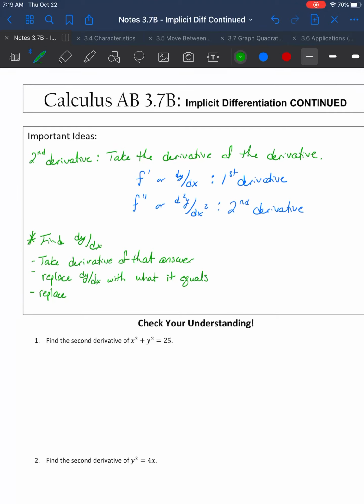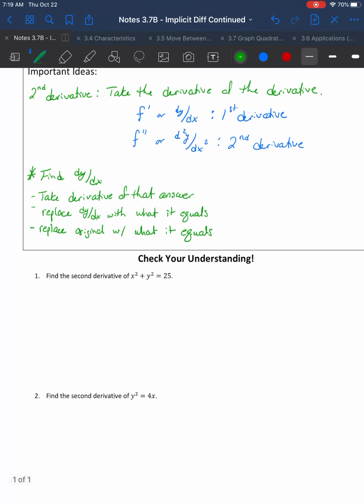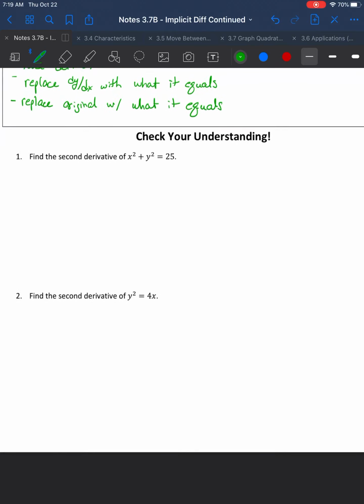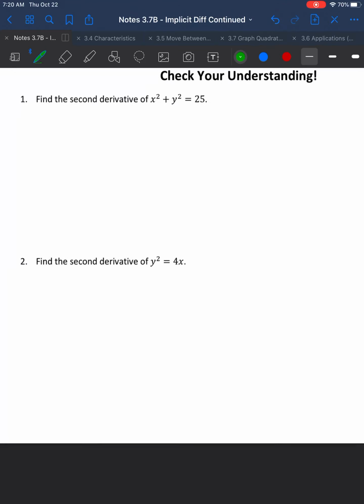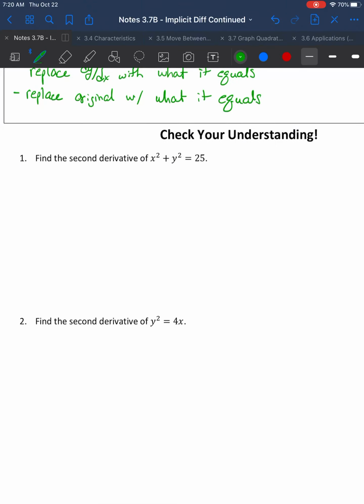Anywhere we see a dy dx, we're going to replace it with what it equals. And we will also replace, if we see the original equation, and I'll point out what I mean in this first example, with what it equals as well.